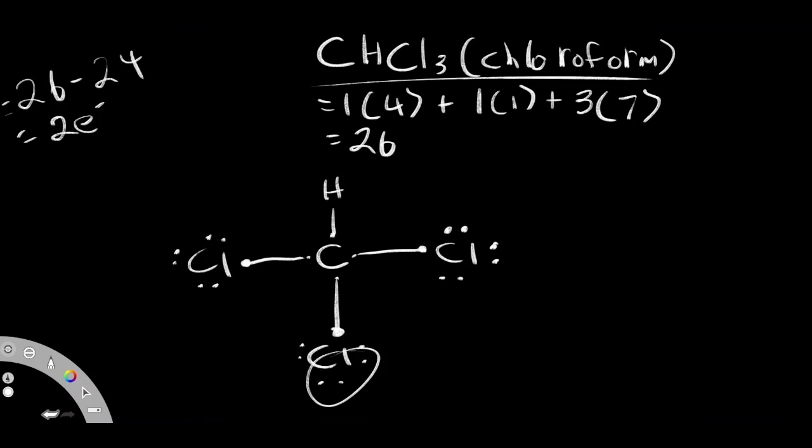Okay, so if you add them all up in terms of their total number of electrons that they're owning, everyone's happy, right? 1, 2 for this chlorine, right? 1, 2, 3, 4, 5, 6, 7, 8. It's happy.